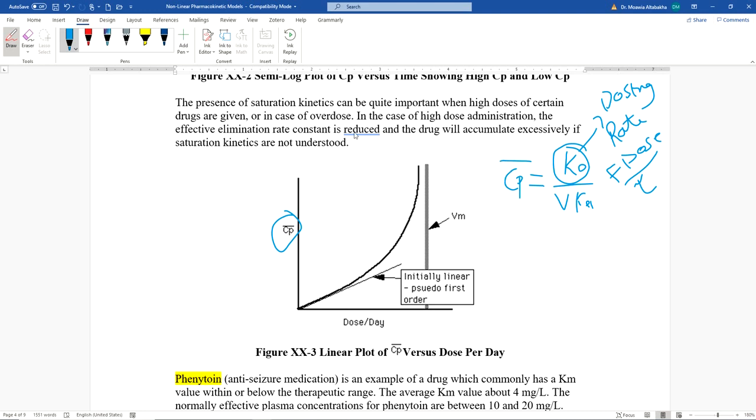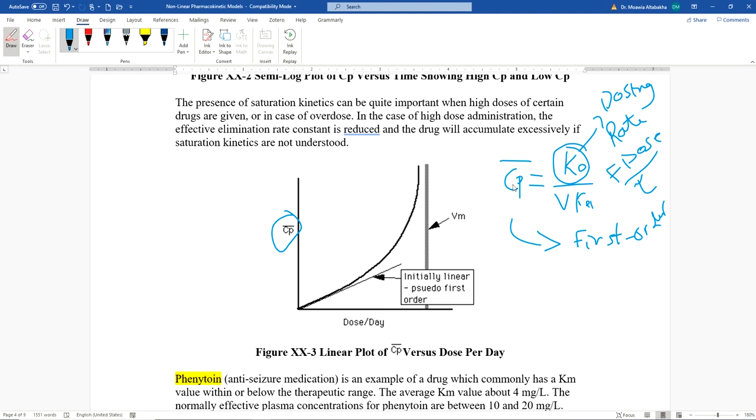This is the case for first order. But in non-linear kinetics, you are increasing the dose and the average concentration increases, but suddenly the increase will be non-proportional. There will be like an exponential increase in average concentration.